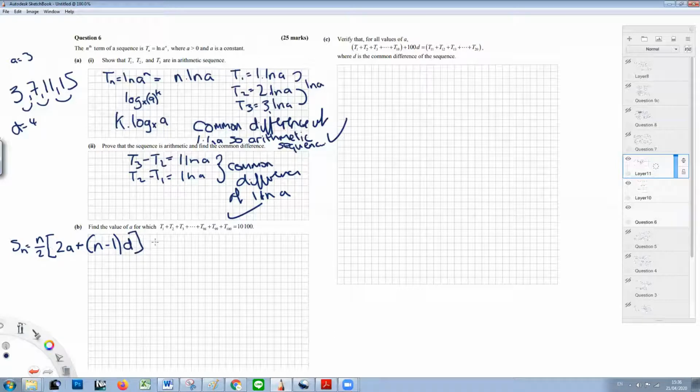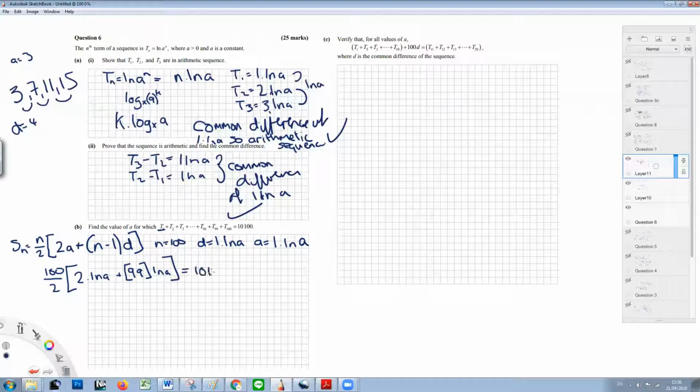And n is equal to 100 because I have 100 terms. d is going to be equal to 1 ln of A. And T1, which is a, is going to be equal to 1 ln of A. So subbing those back in, you get 100 over 2 times 2 times a, which is 2 ln of A, plus 99 ln of A. And we're told that that's equal to 1.